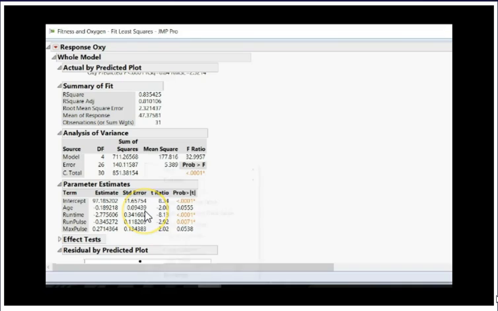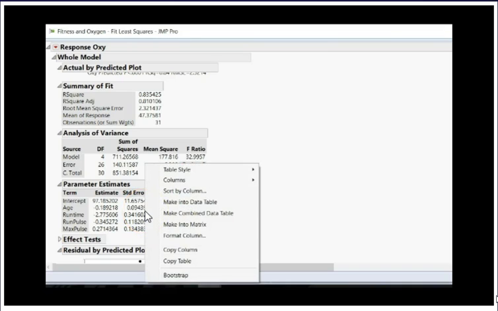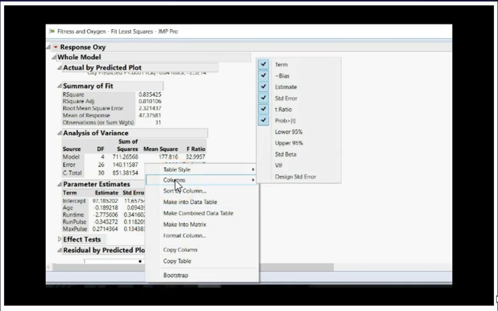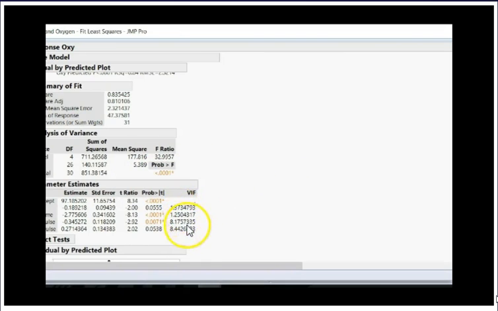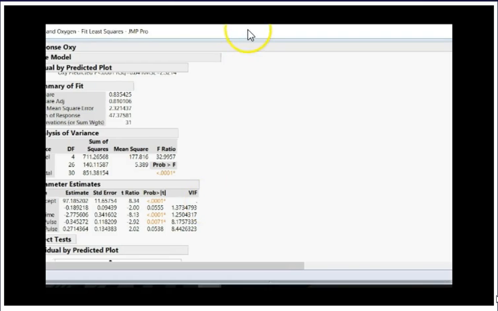If I right-click in this parameter estimates box, I can ask for additional columns. And right here is that variance inflation factor. So the general rule of thumb is that anything that's under 10 is usually fine, but the higher the variance inflation factor, the more likely that it's autocorrelated with another variable in your model.